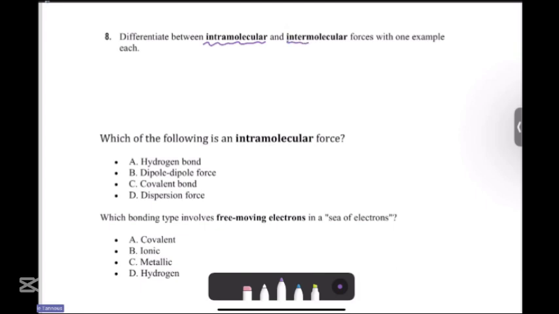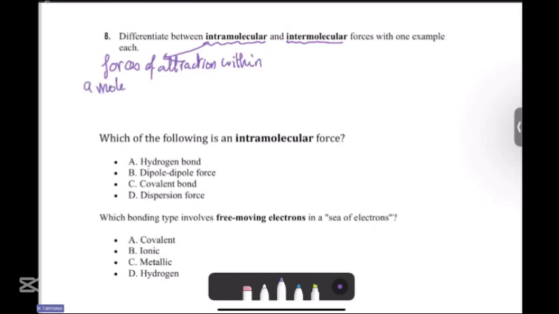Intramolecular forces and intermolecular forces. Intramolecular forces are the forces of attraction that occur inside the compound itself, within the molecule.